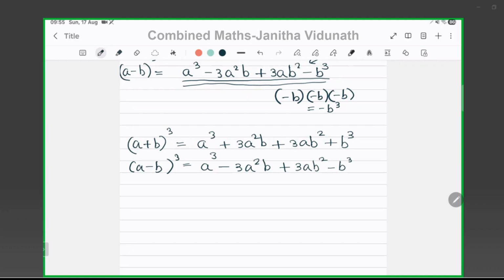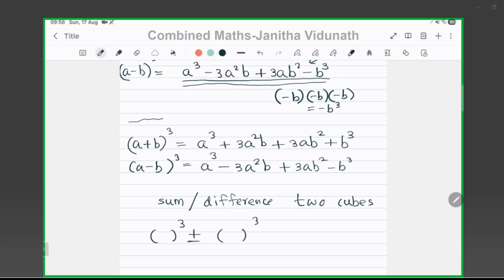Okay. Today our first topic was sum or difference of two cubes. That means we have two cubes. Between them, we have a plus sign or minus sign.